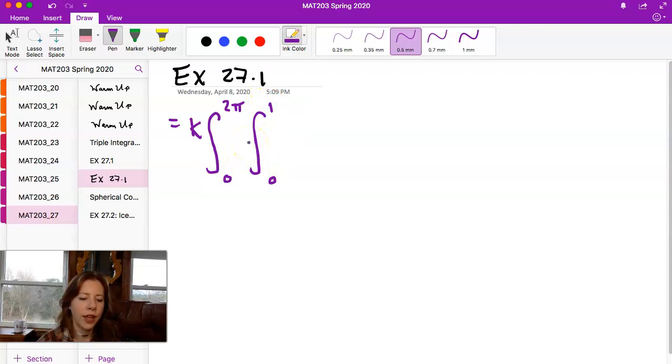And then we have r squared times z, and we need to plug in 4 for z and 1 minus r squared for z. And so we end up with 4 r squared minus 1 minus r squared.